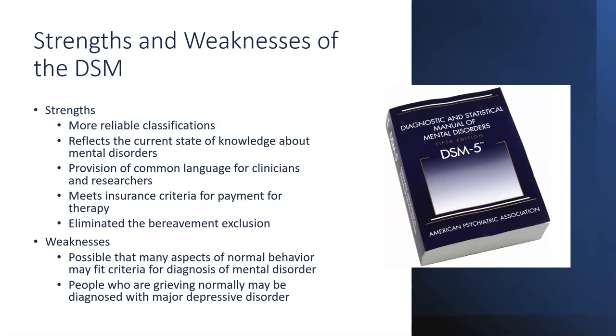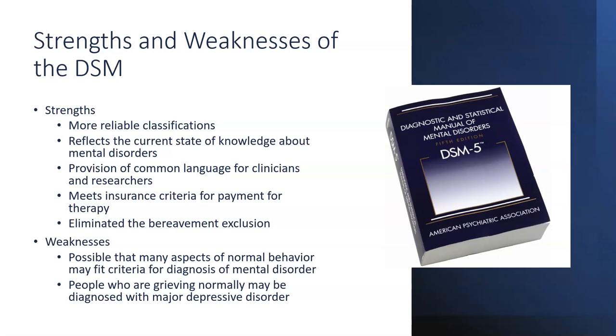You can look at a couple of different broad categories. Many aspects of normal behavior can sometimes be categorized as fitting the descriptions of psychological disorders. Idiosyncrasies, oddness, quirkiness of people can sometimes fit, especially the personality disorder characteristics.